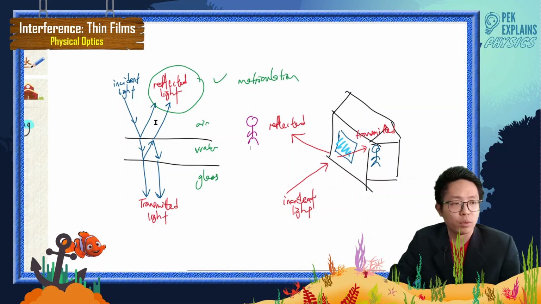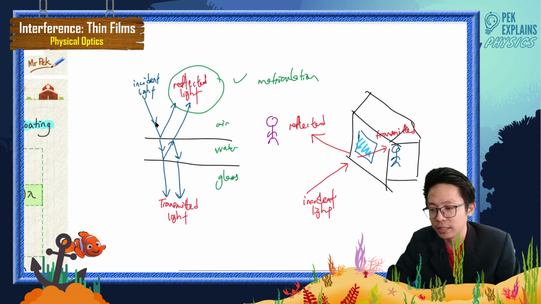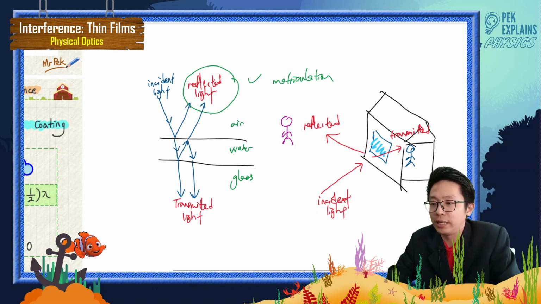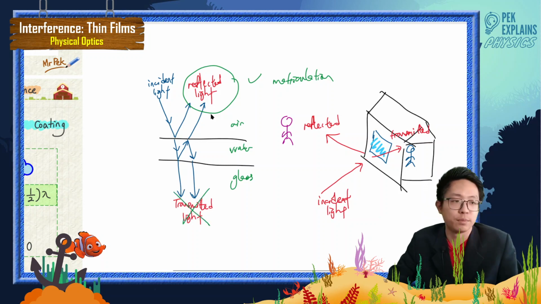So we no need to consider this. We just want to know about the reflected light, these two lights. So we can ignore the below part. Transmitted light we can ignore, although it still happens, but we just don't learn it because it's not in our syllabus.